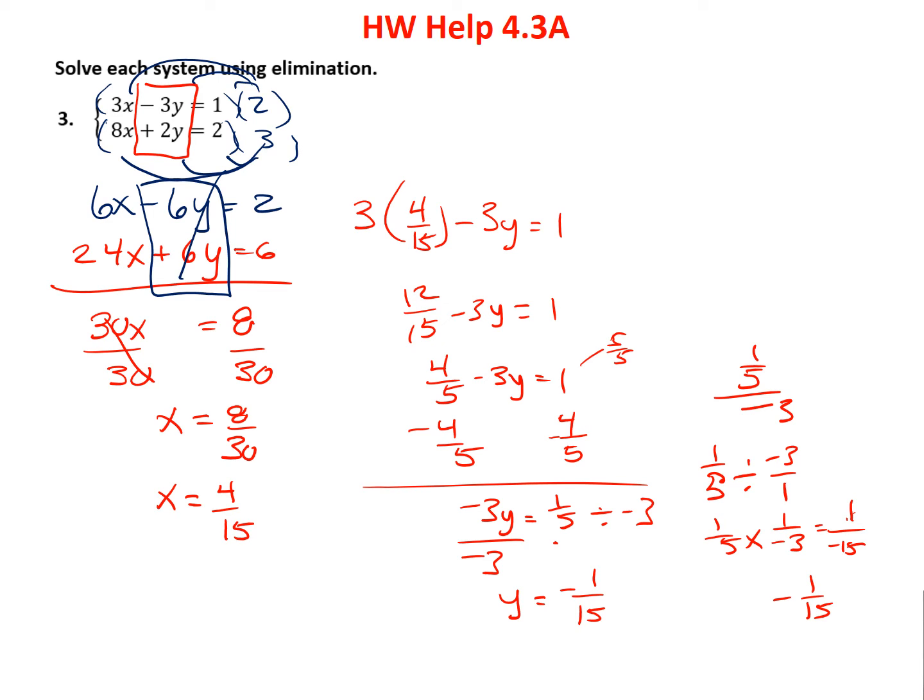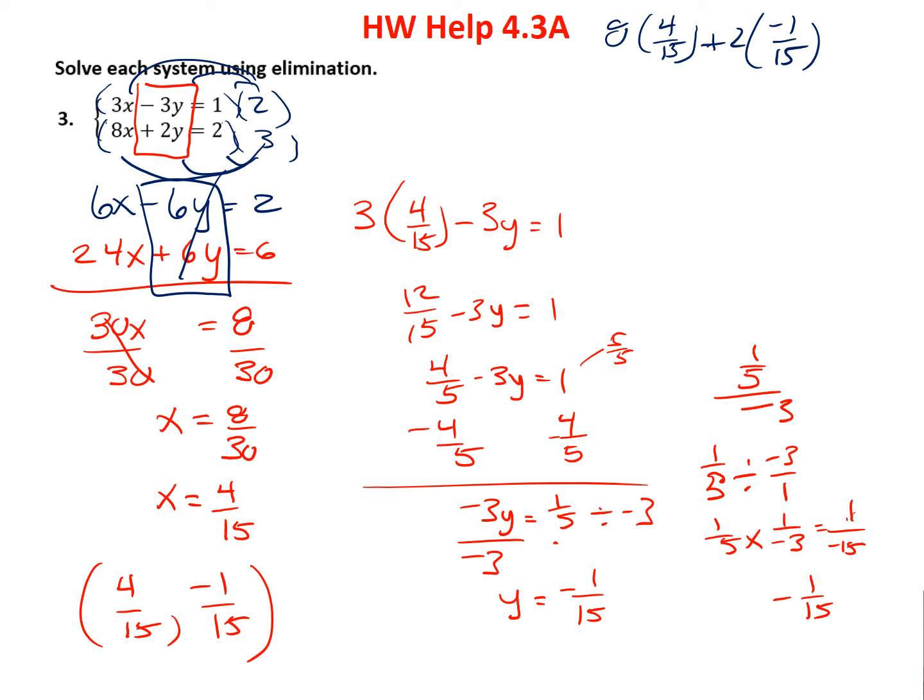So our answer here is 4 over 15 for x, and our y is negative 1 over 15. All right? Now if you want to check that, we go to the second equation. So 8 times 4 over 15 plus 2 times minus 1 over 15.